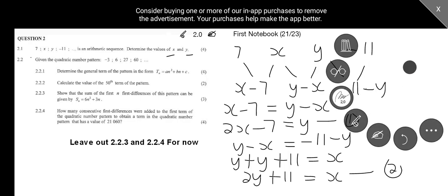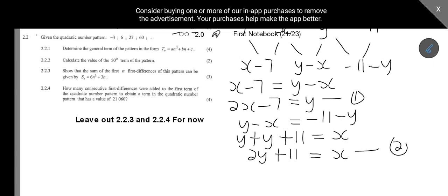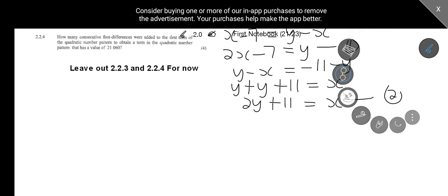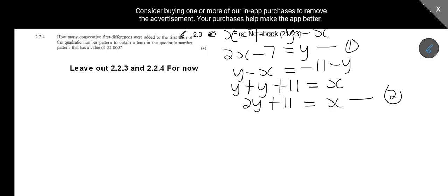So now, in this regard, we are forced to use the method of substitution. What does this mean? Equation 2 is given as 2y plus 11 is equal to x. This means that in the first equation, where we see x, we're going to plug 2y plus 11. So we plug equation number 2 into equation number 1.